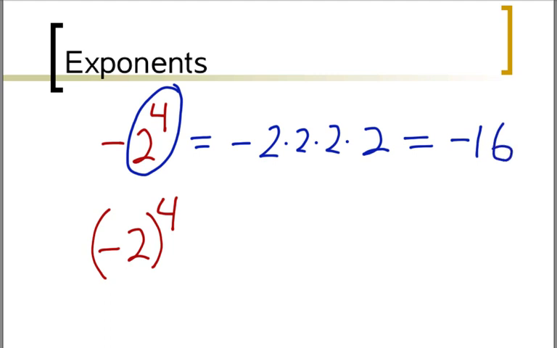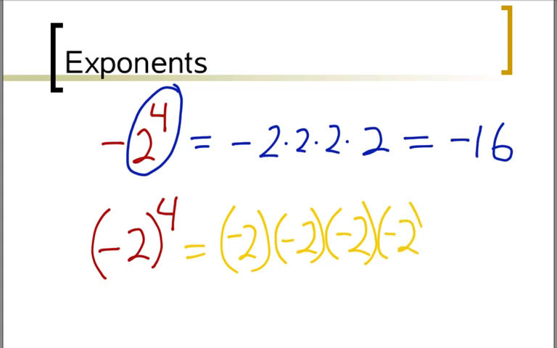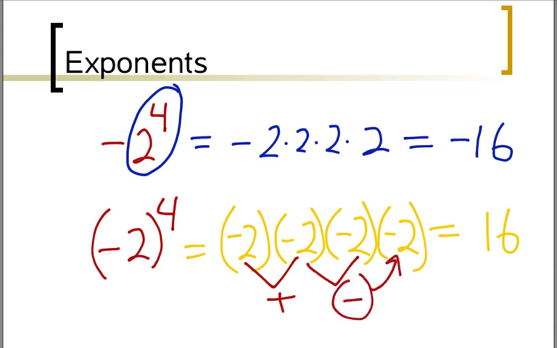And in the second problem, it would turn out to be -2 times -2 times -2 times -2. And then the answer would be +16. Because when you multiply the first 2, this turns positive. When you multiply it by the next one, then it turns negative again. But then a negative times that final negative gives you the +16.